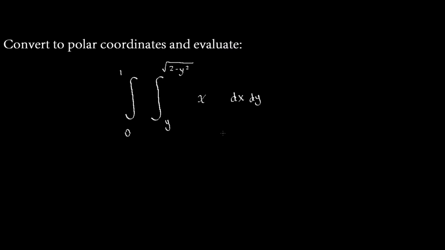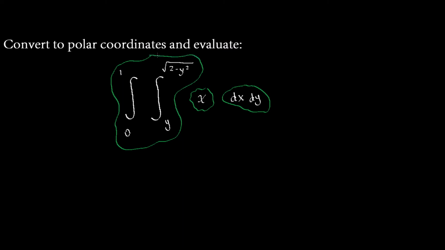Okay, so when converting double integrals from Cartesian coordinates to polar coordinates, there are three things you need to worry about: the differential area, the function we are integrating or the integrand, and the region of integration. Okay, so let's start with the differential area.